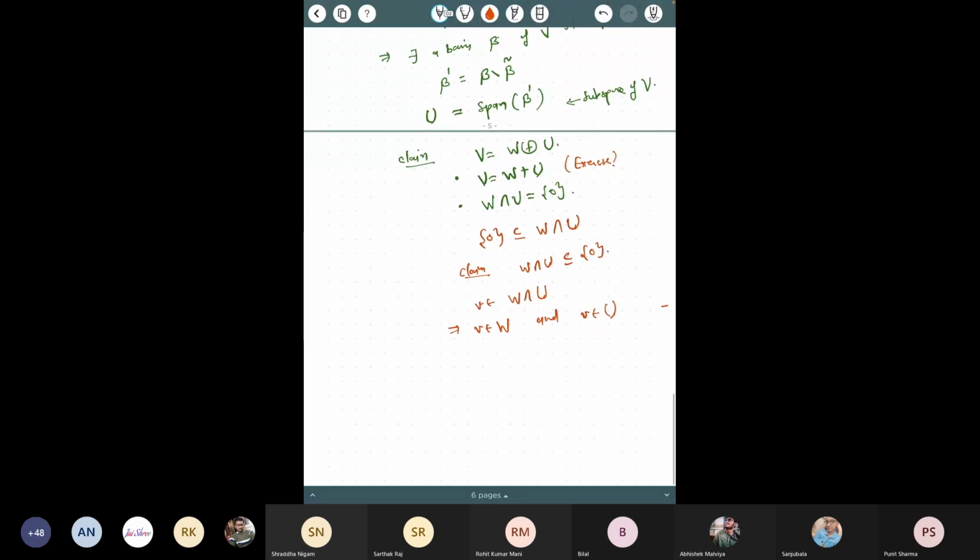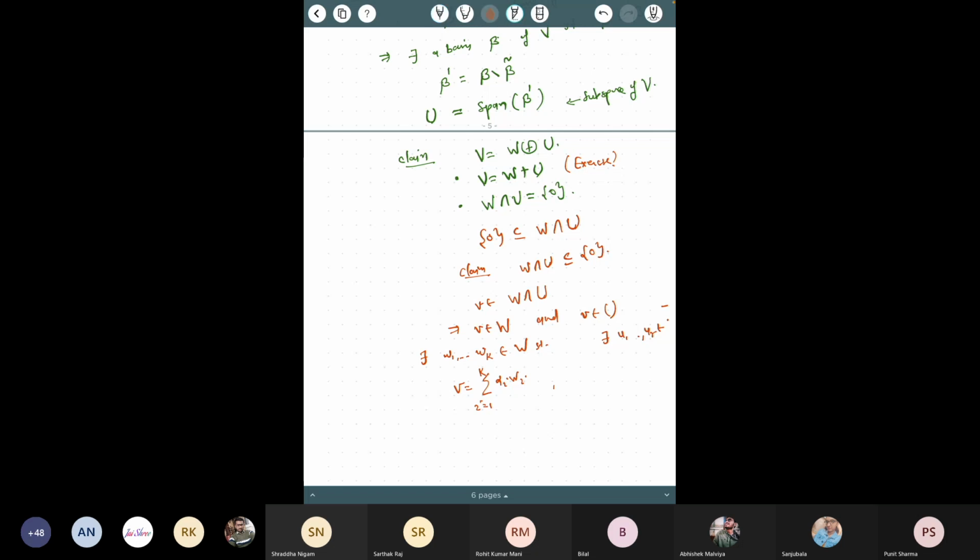So let's say there exist vectors W1 to Wk in W such that V is equal to the sum of alpha i Wi, i equal to 1 to k, because V is in W. Similarly, there exist, let's say, U1 to Ur in U.